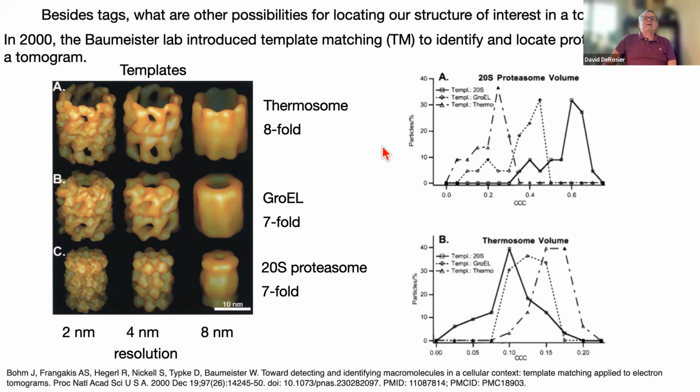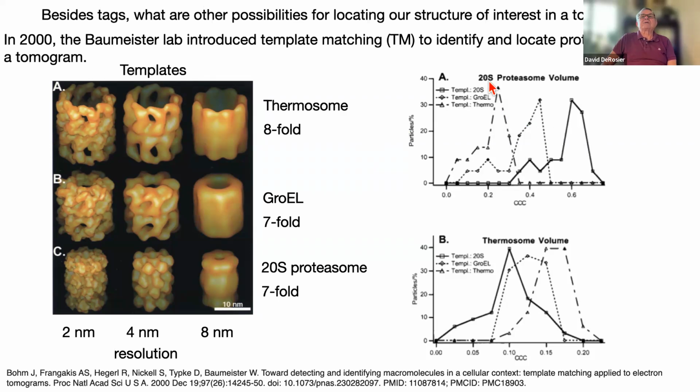And here he didn't have a cell, but rather a liquid that was a mixture of thermosome and proteasome that were frozen in a thin layer on a grid. And then he made a tomogram of it, and then looked at the cross-correlation coefficient with particles in the image.